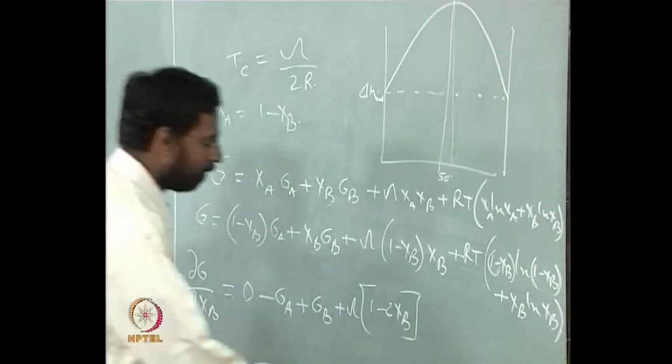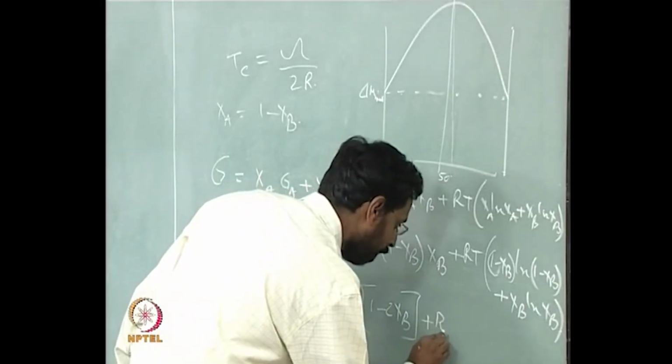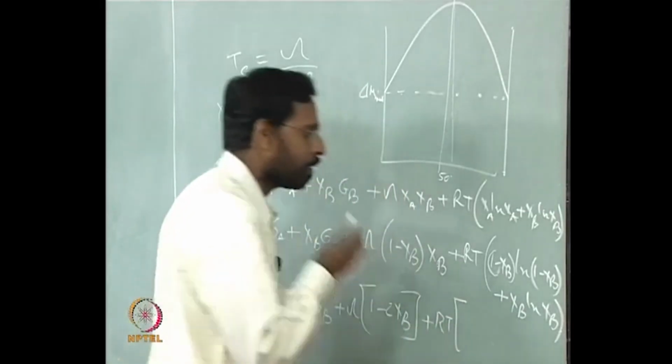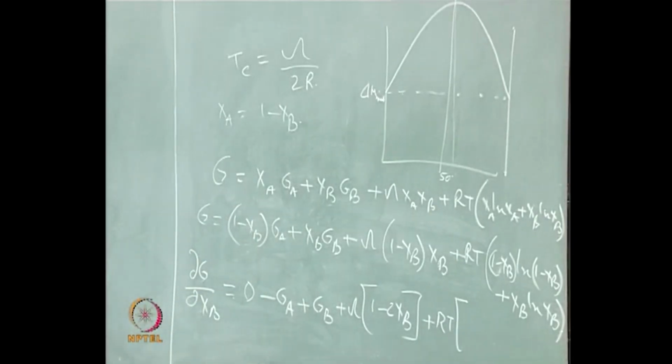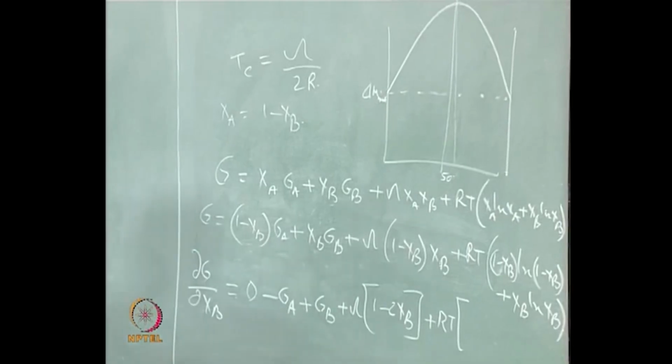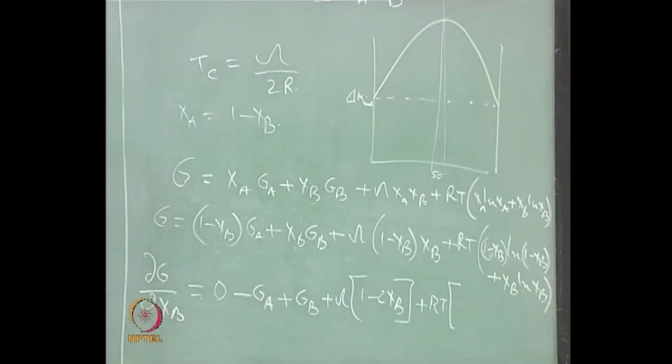And now you look at this, this is a little more complicated. Ln of 1 minus x b is there. So what we simply do is we change the derivative here to 1 minus x b.